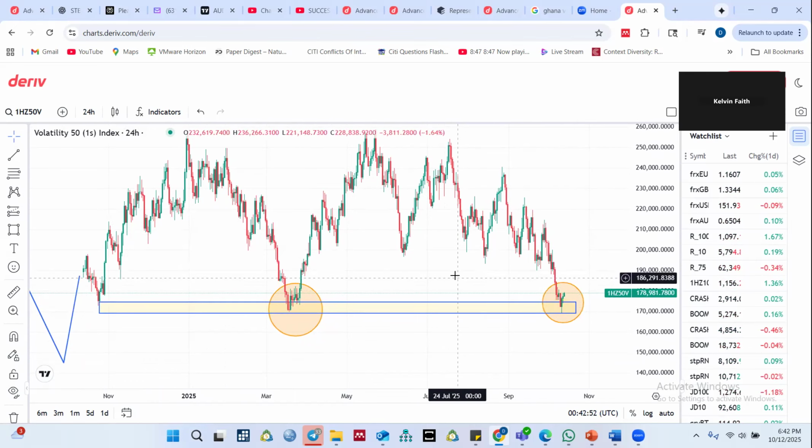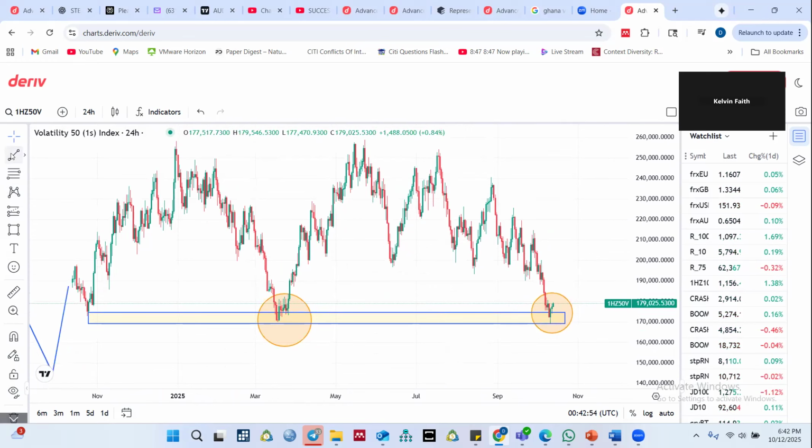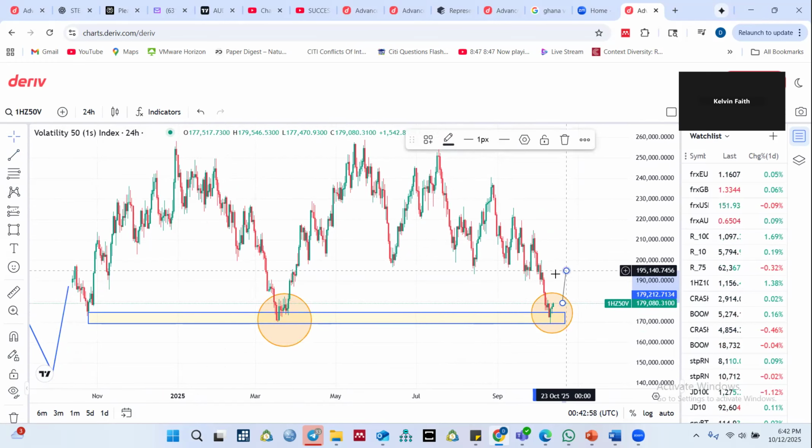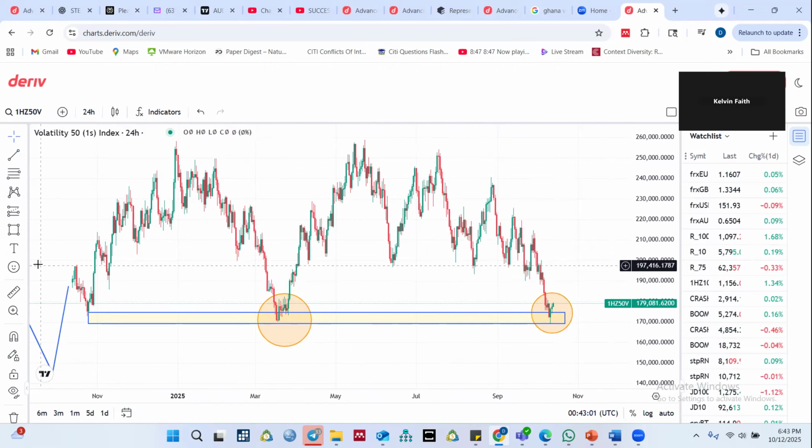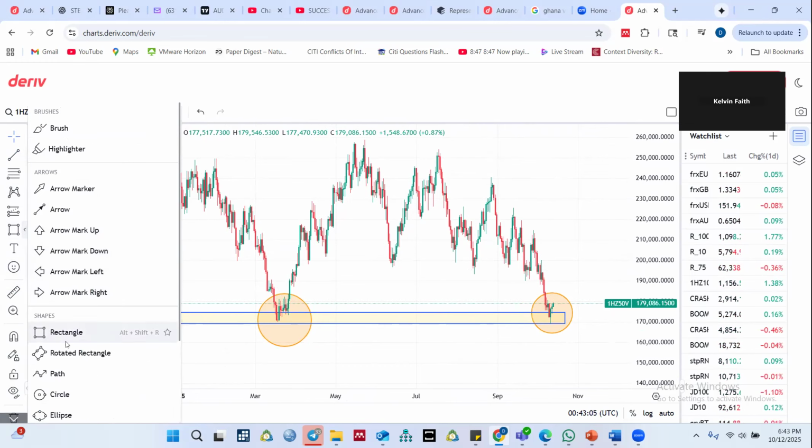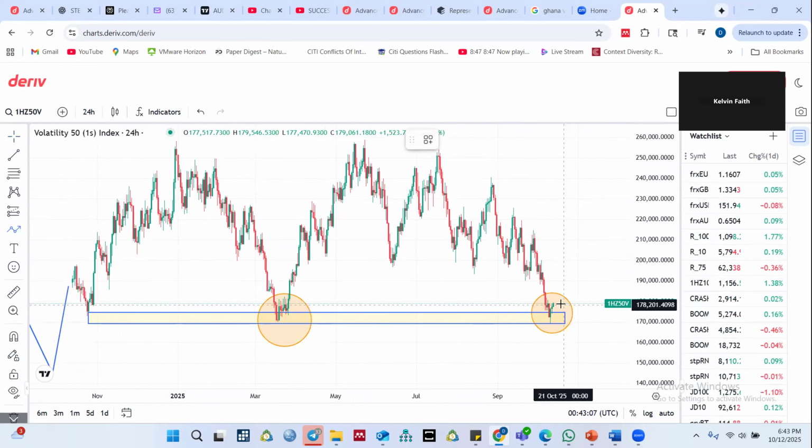Right now, two things. It's either it just pulls up, retests that area, and drops to break the support, using the support as resistance to keep falling.